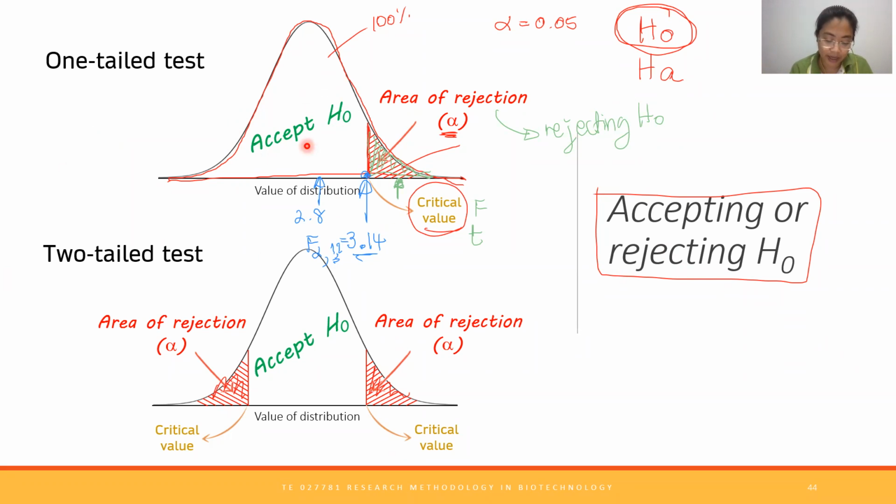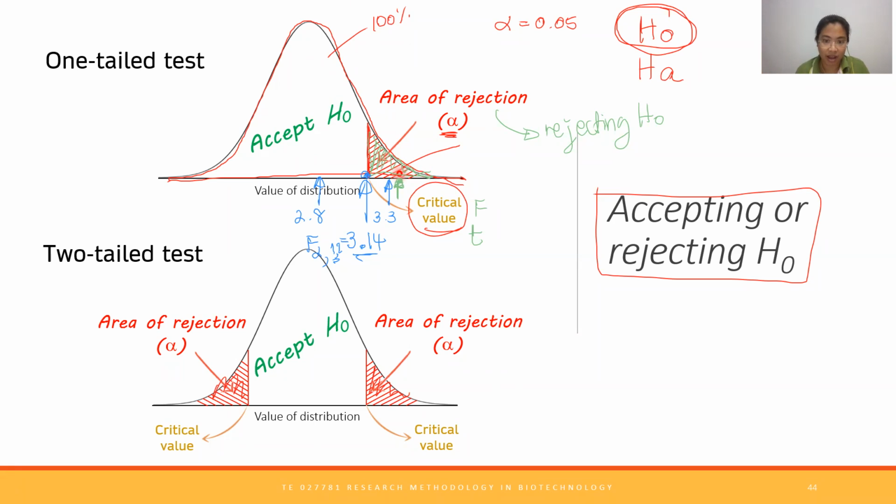But if you do the calculation and the value falls here, probably about 3.3, this point lies in the area of rejection. So you are rejecting H null and saying that the alternative could happen. This is the basis of how you reject or accept H null.